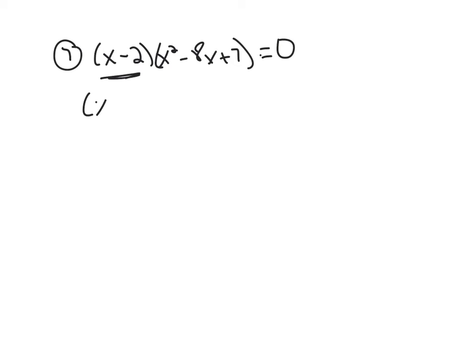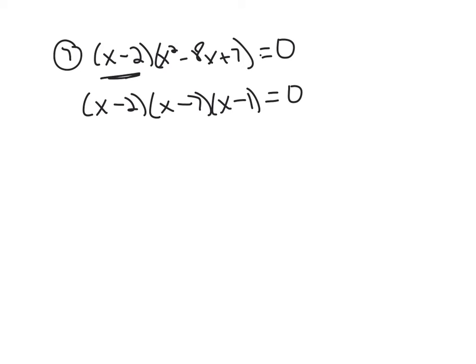All right, so here we go. Number 7. Now this is kind of a lot because I'm trying to show you, I think there's like 8 or 9 examples because there's like a whole bunch happening here. All right, x minus 2 times x squared minus 8x plus 7 equals 0. Now for this one, the first parenthesis is already factored, but the second parenthesis is not. So you have x minus 2, then you got to factor the second parenthesis. x minus 7, x minus 1 equals 0.